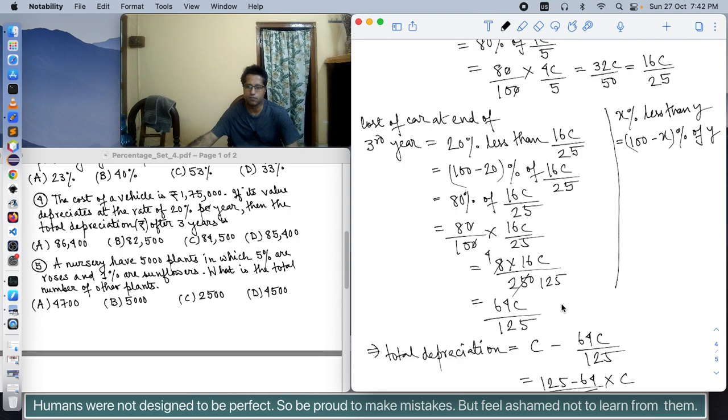We are cancelling a 10 from 80 and 100, so we get 8 into 16C divided by 250, and then dividing by 2, we get 4 and 125, so it becomes 64C by 125.